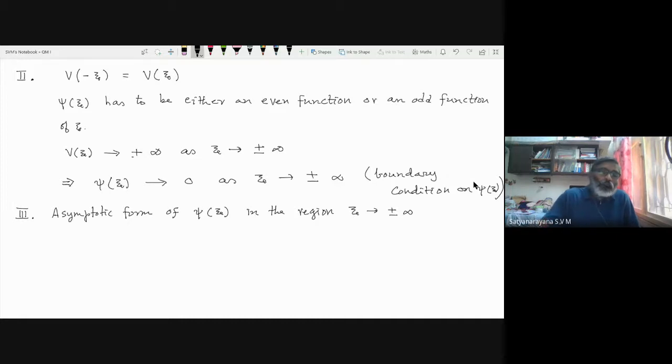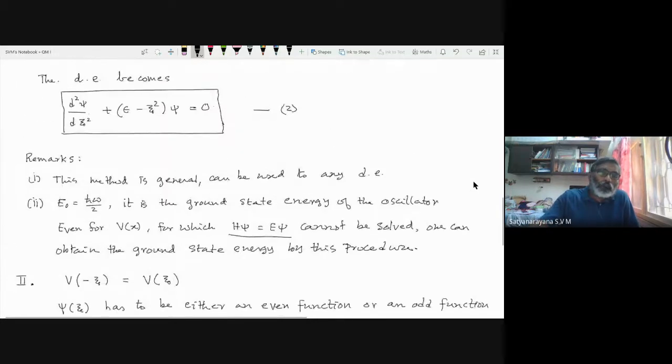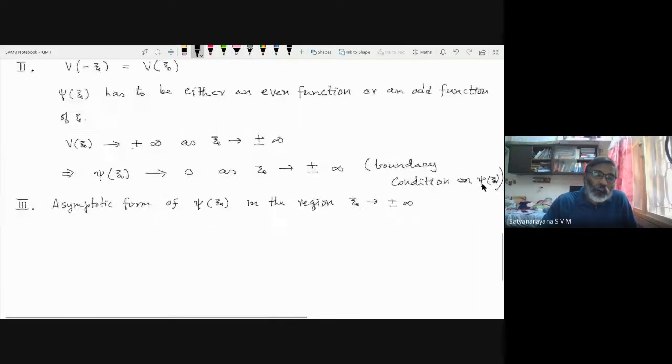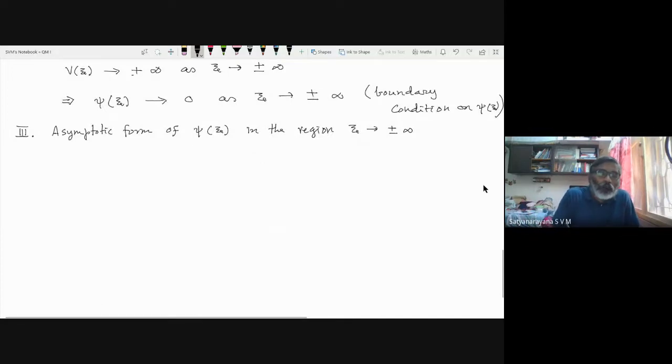Now let's go back to equation 2 and look at the equation. Epsilon is some finite value. If xi is becoming very large, we will say that psi of xi, as xi goes to plus or minus infinity, will go like psi tilde of xi. It will be a different function, so we'll call it psi tilde of xi.